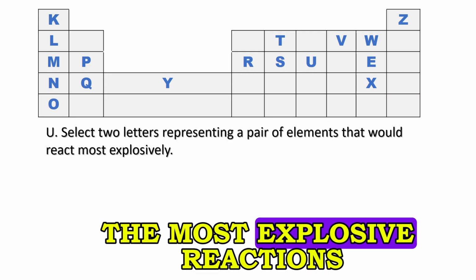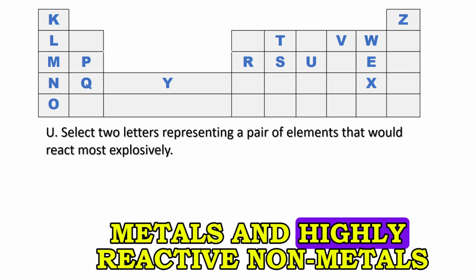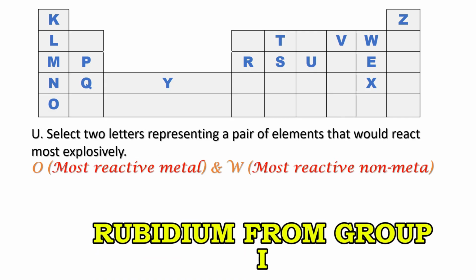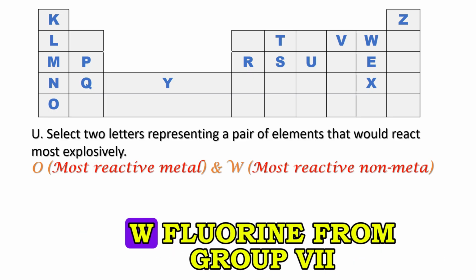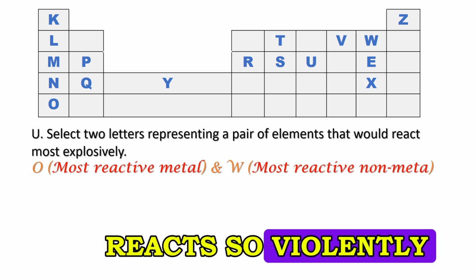Question U. Select a pair of elements that react most explosively. The most explosive reactions occur between elements that are highly reactive metals and highly reactive nonmetals. In our case, the pair would be O, rubidium, from group 1, the alkali metals, and W, fluorine, from group 7, the halogens. Here's why this pair reacts so violently.